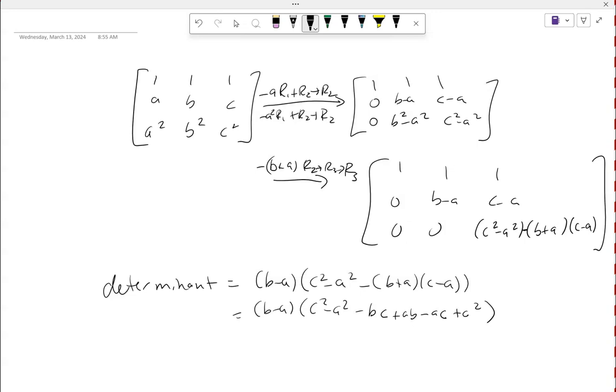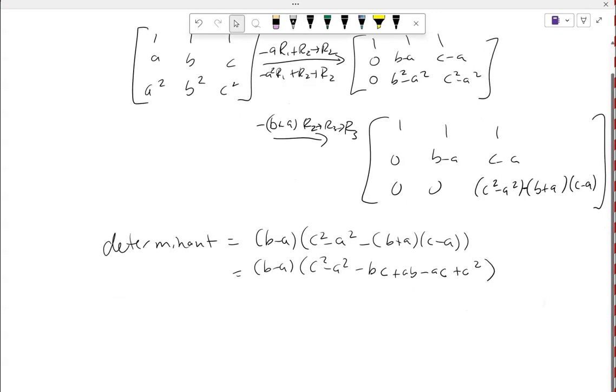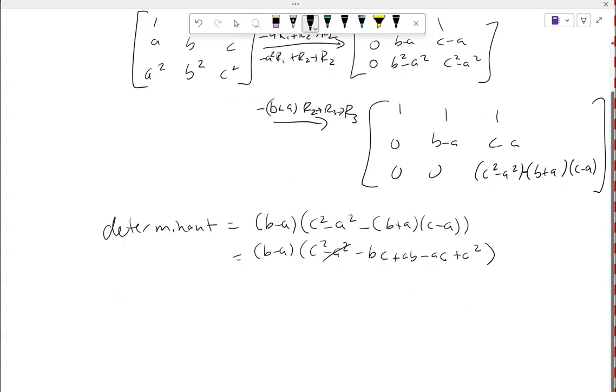A minus b times a, but I got a minus, so that's where the plus ab comes from. A plus ac, but again, there's a minus in front, so that's why it's minus ac. And then I get plus a squared when we simplify. Right? So then your a squareds go away.